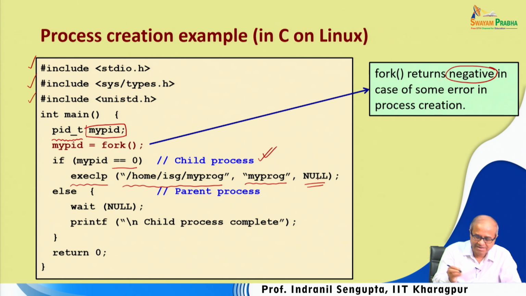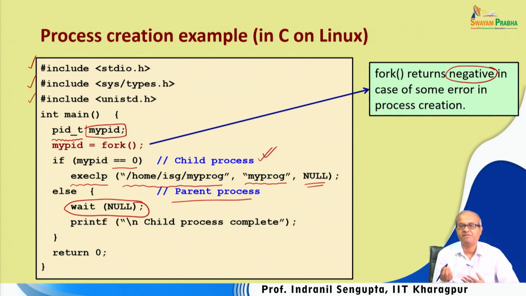And when you come to else, this is actually the parent process. Here you can invoke a wait system call if the parent wants to wait. The child will execute, and whenever the child finishes, an exit will be executed at the end. Then the parent will come out of the wait and go to print, child process complete. This is what happens in this program.